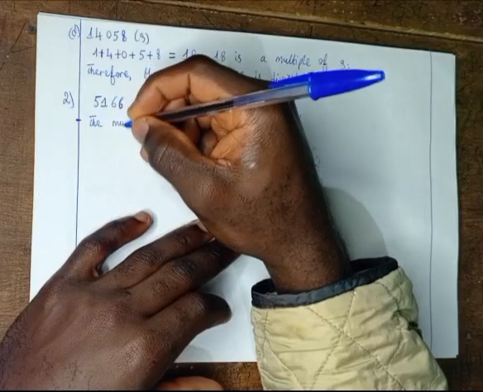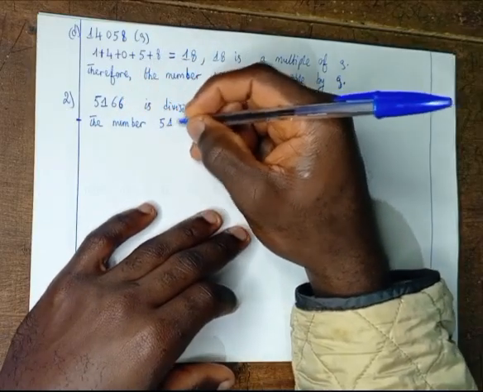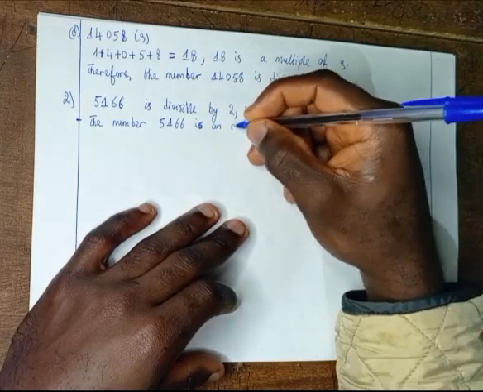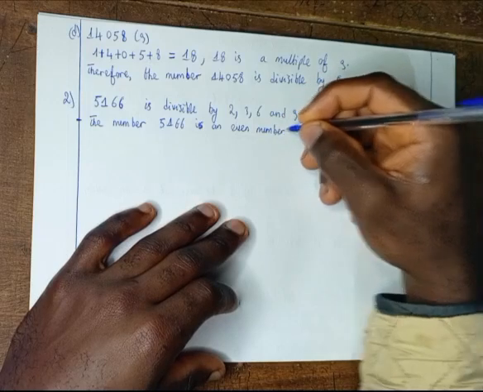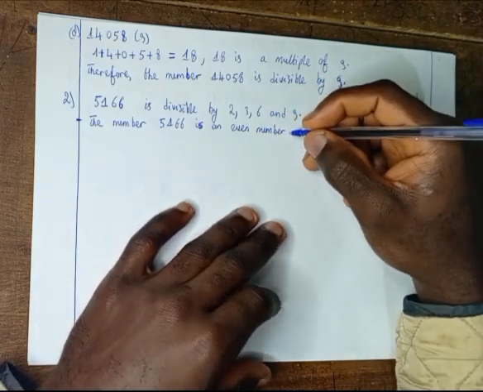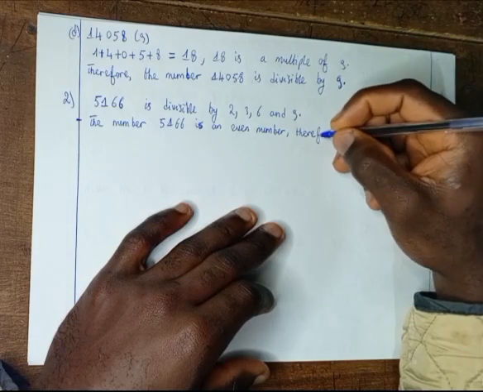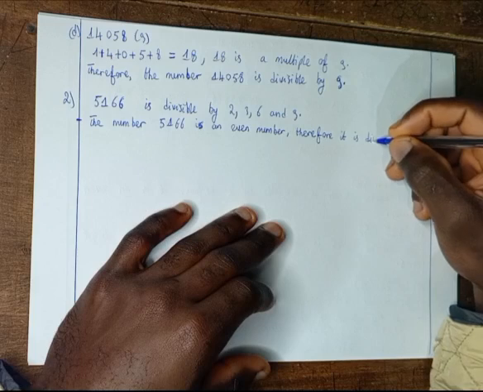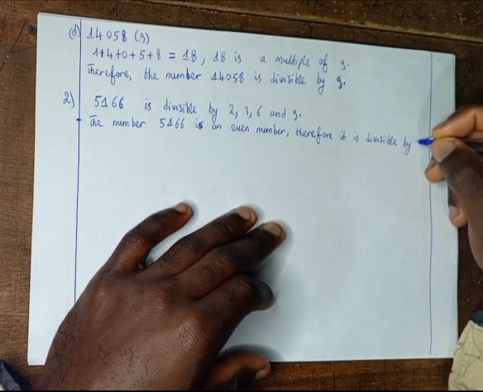The number 5,166 is an even number. Therefore, it is divisible by 2.